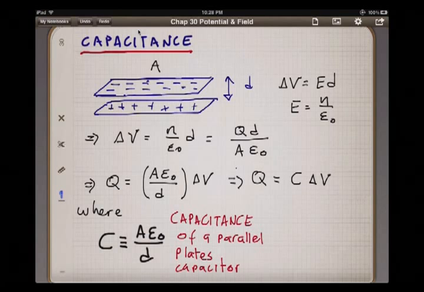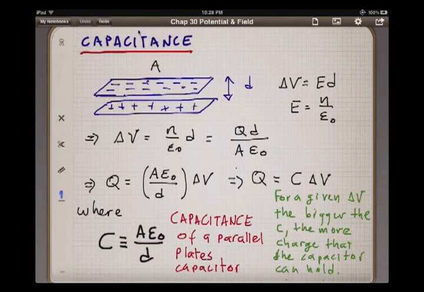The plates are flat and they're parallel to each other. If that's the case, then that is the expression for the capacitance. So the name capacitance is clearly coming from the fact that it has to do with the capacity of this device to hold charge. For a given delta V, C tells you how much charge this device can hold.